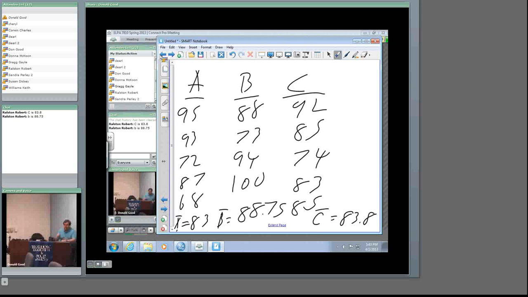So, in this case, the degrees of freedom between groups is 3 groups minus 1, which is 2. 2 degrees of freedom between groups is just simply the number of groups minus 1.